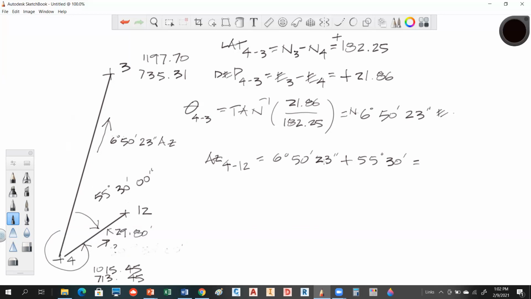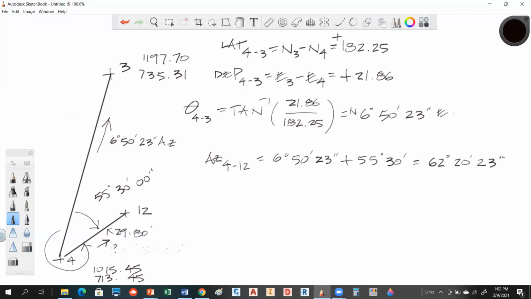This just simplified everything. So if we add those, looks like 62 degrees, 20 minutes, 23 seconds.